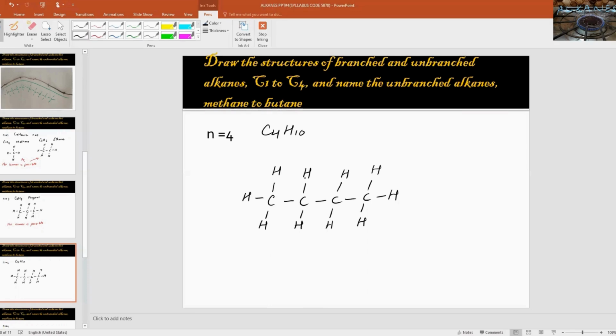You can see each carbon is forming single bonds with hydrogen atoms besides its single bonds with other carbon atoms. These are the single bonds with hydrogen atoms, and it's also forming single bonds with other carbon atoms. Its name is butane. Let me write butane.